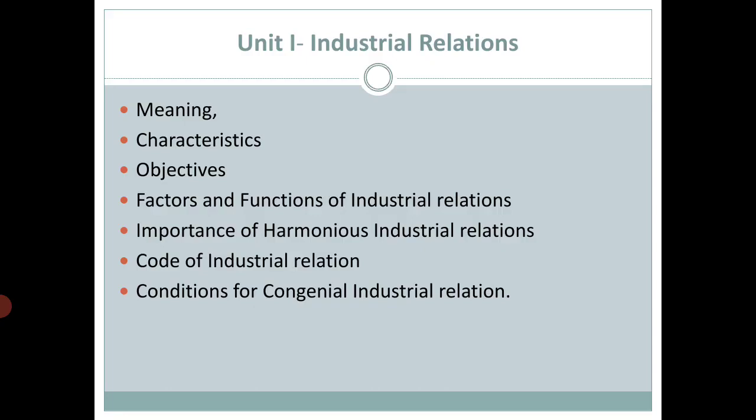In it we will be studying the meaning of industrial relations, then the different characteristics, the objectives, the factors and functions of industrial relations, the importance of harmonious industrial relations, the code of industrial relations, and the conditions for congenial industrial relations.